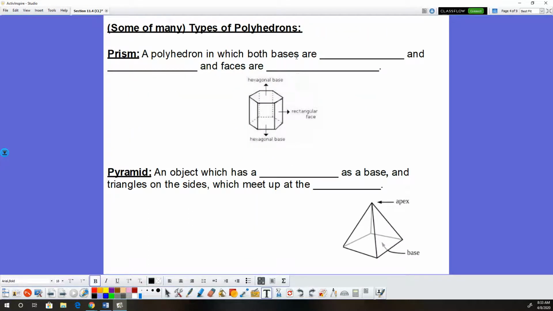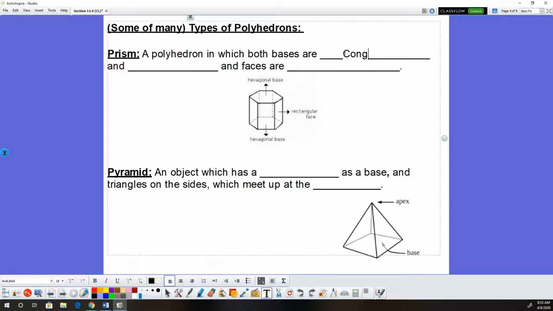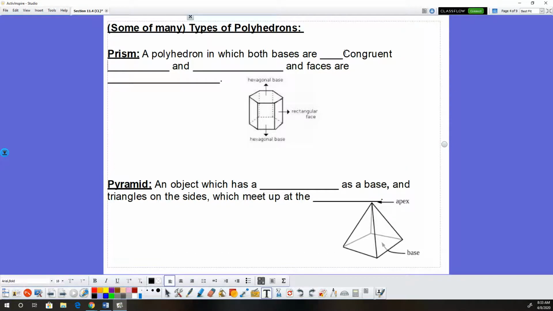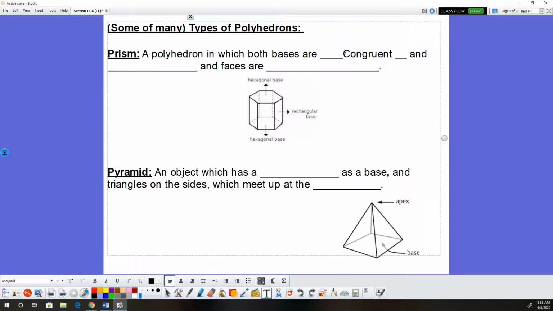All right, so here we go with polyhedrons. Now polyhedrons are named according to their bases, and we will get there later. But a polyhedron in which both bases are congruent and parallel, and the faces have to be rectangles, that would be a prism. So a prism has to have two bases.